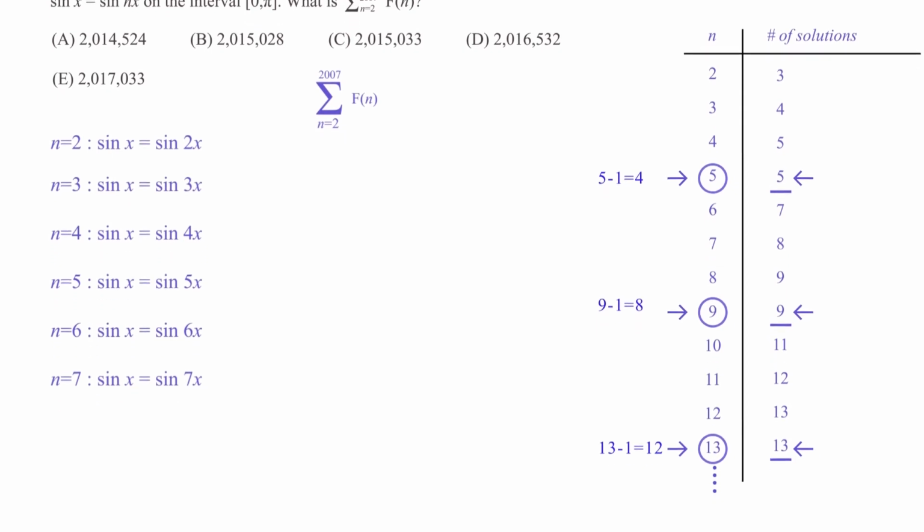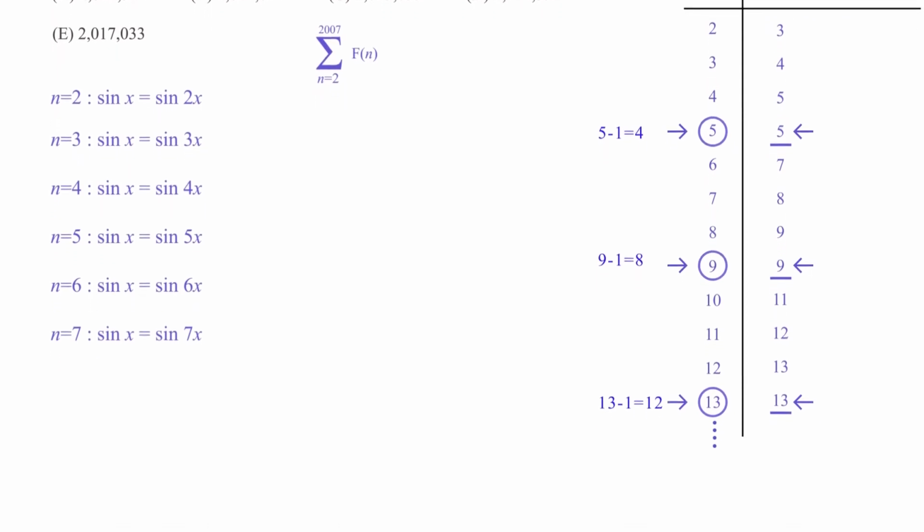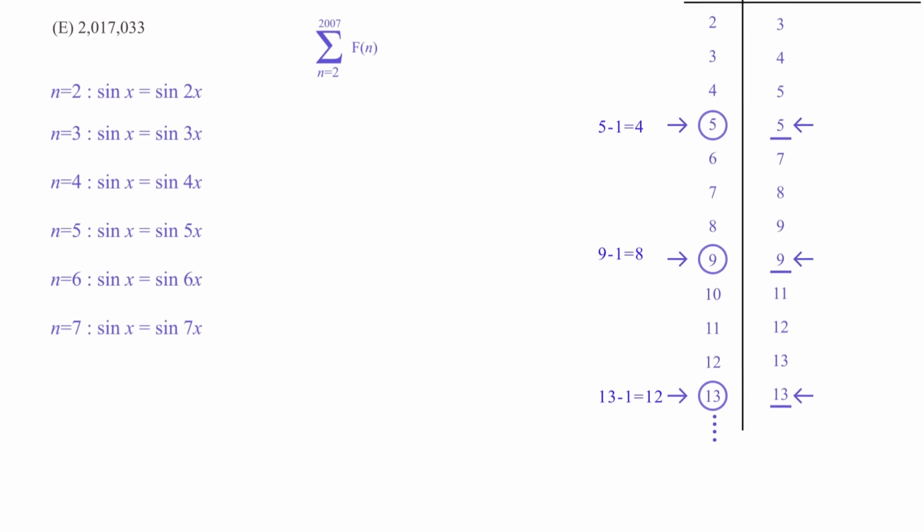So if you keep doing this all the way down, dot, dot, dot, we have to go all the way until 2007, right? According to this formula. So you're going to get, let's say, all the way down to 2004, 2005, 2006, and then eventually the very last one, 2007.